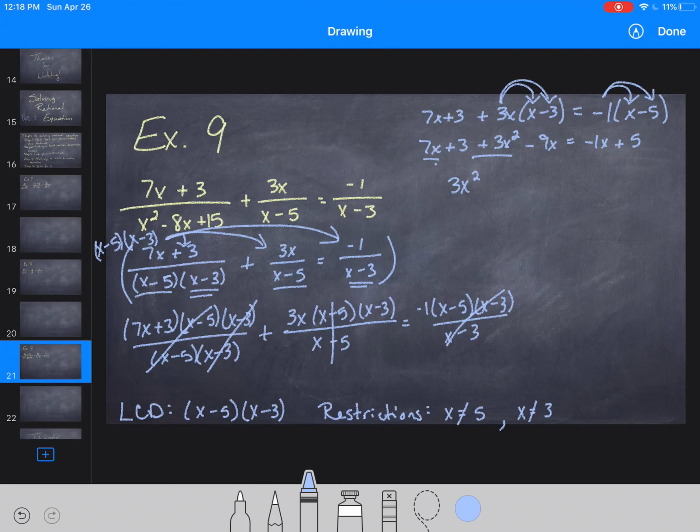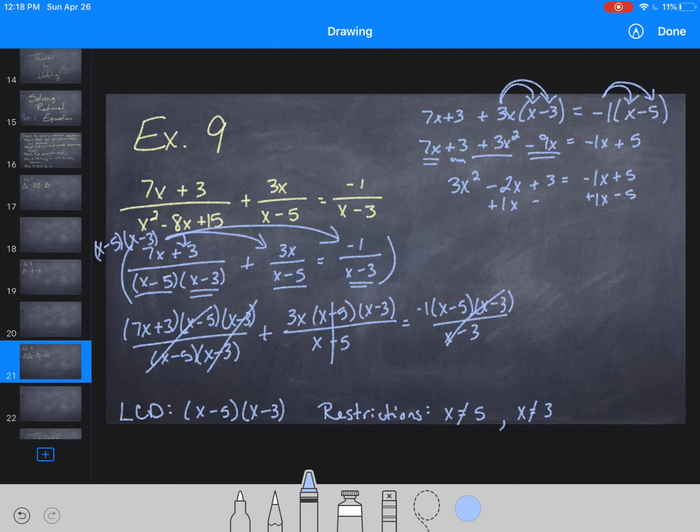A negative 1 times a negative 5 gives me a positive 5. Now I'm going to combine like terms, and I'm going to write it in descending order. I have a positive 3x squared. A positive 7x and a negative 9x give me a negative 2x. I have a positive 3, so I'm going to put plus 3 is equal to a negative 1x plus 5.